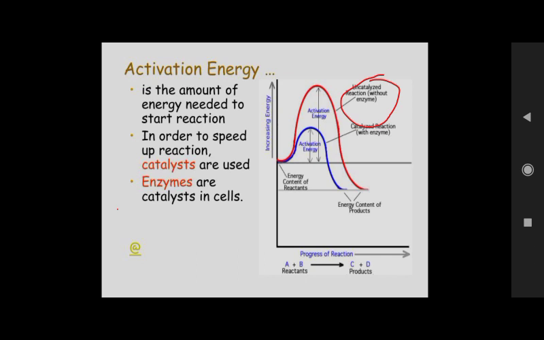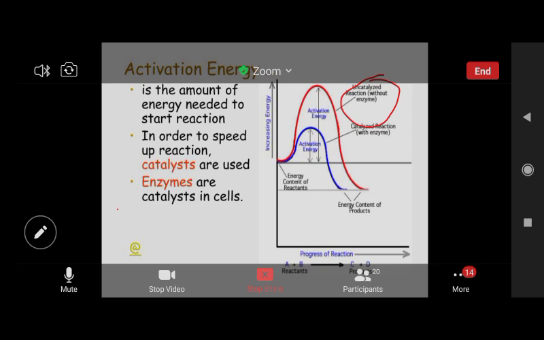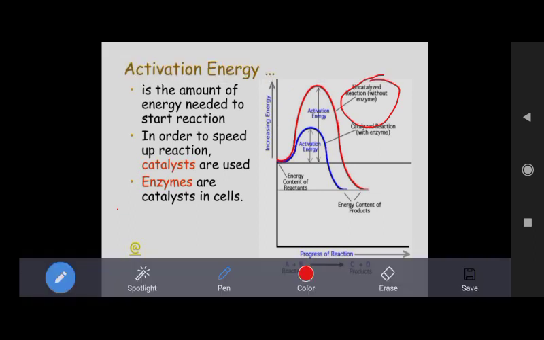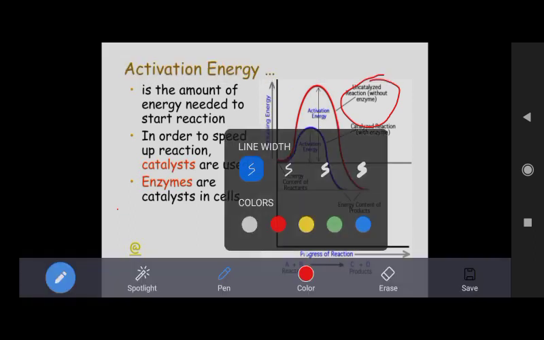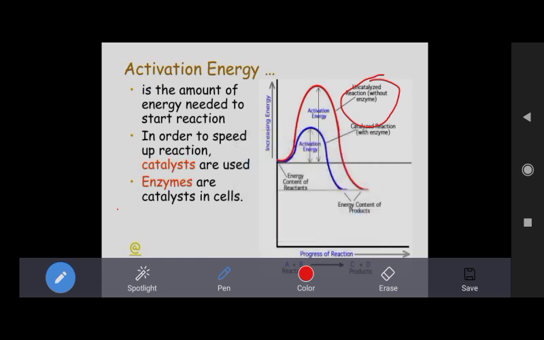Now, without catalyzed and in the presence of the enzyme catalyzed reaction, a term has been written over here, activation energy. What is this activation energy? In presence of the enzyme, the activation energy gets lowered. In absence of the enzyme, you can see the activation energy is increasing.